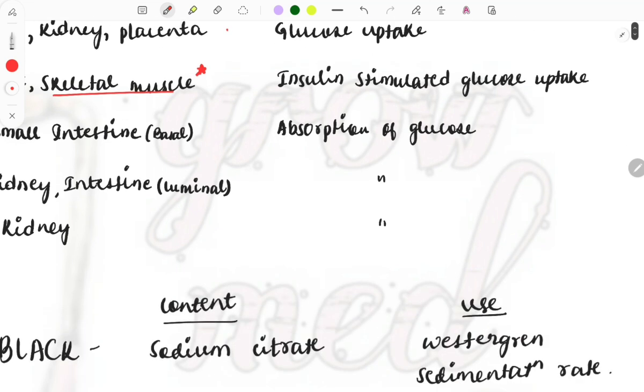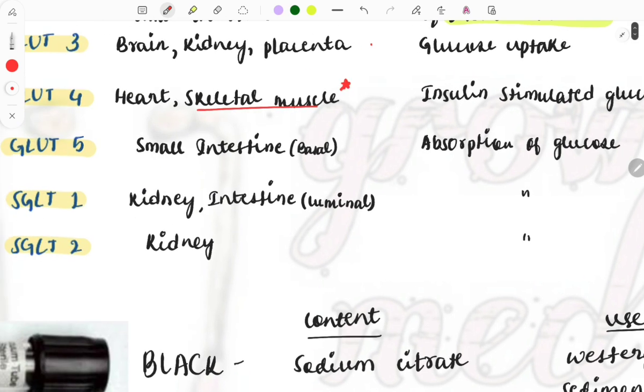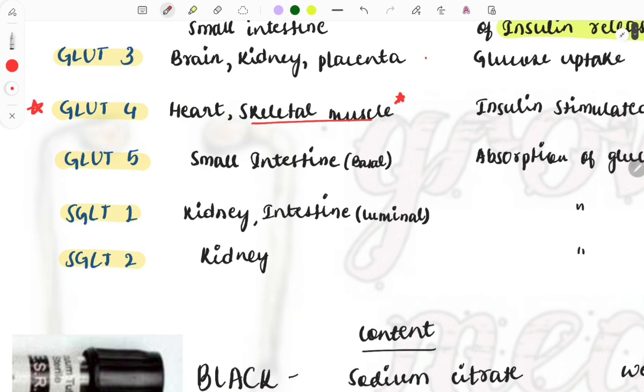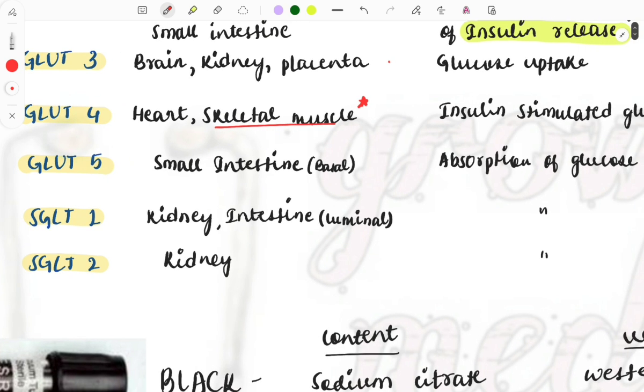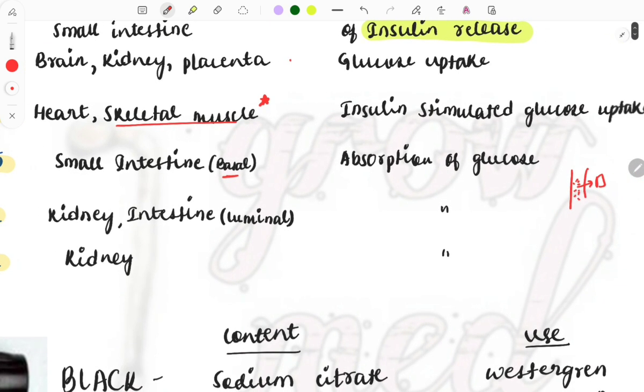But here, insulin stimulated glucose uptake is happening, meaning insulin present in the bloodstream stimulates the cells to take up glucose, and it is mostly present in the heart and skeletal muscle. Then GLUT5 is present in the small intestine on the basal membrane, for absorption of glucose.